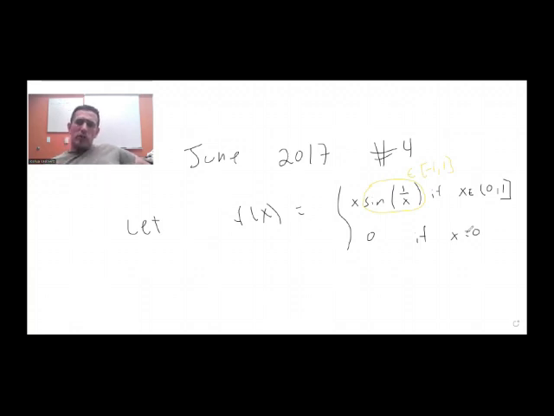Now, what you could do, and I originally recorded this video doing this, is stick an x squared here, and this is still going to be continuous. It's actually going to be differentiable on 0 to 1, which you can check very easily, and it's not going to be of bounded variation on 0 to 1.